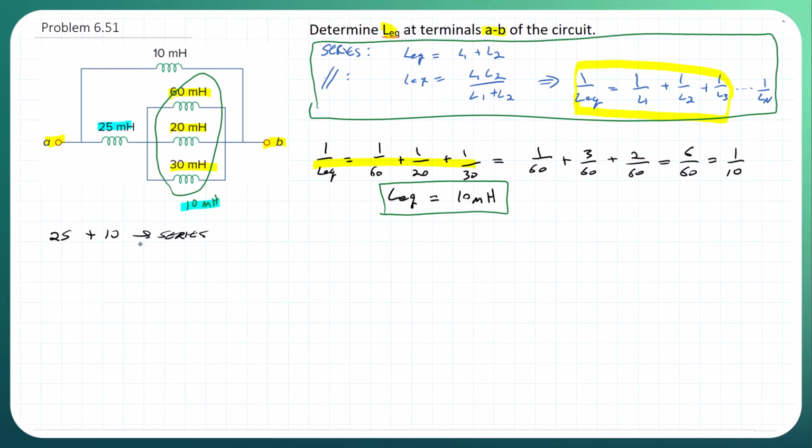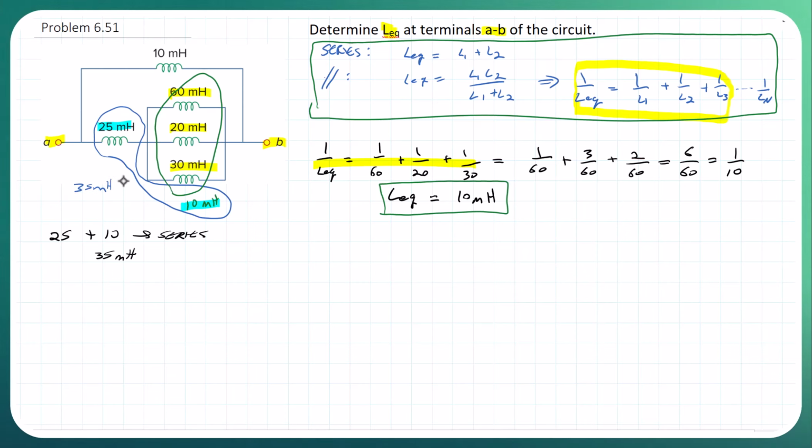We just add them, so that's going to give us 35 millihenries. So the combination of this guy and this guy is going to give us 35 millihenries.